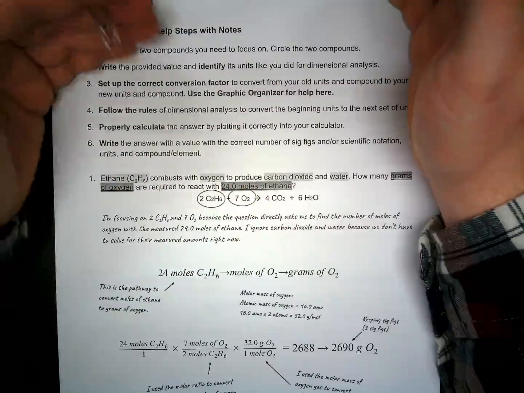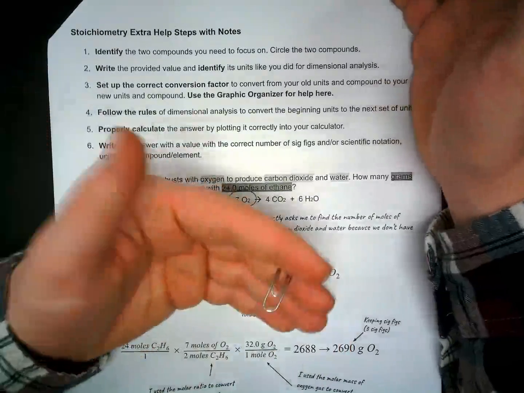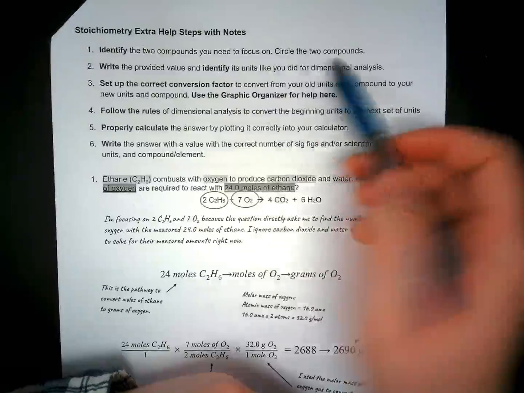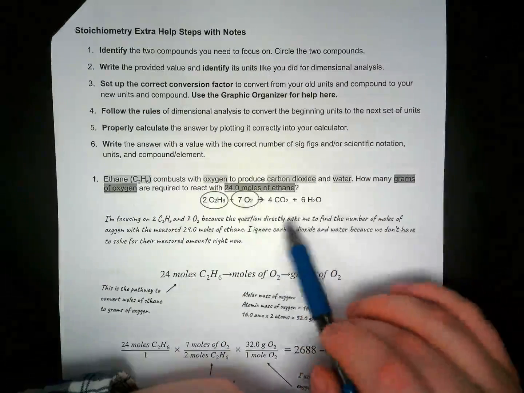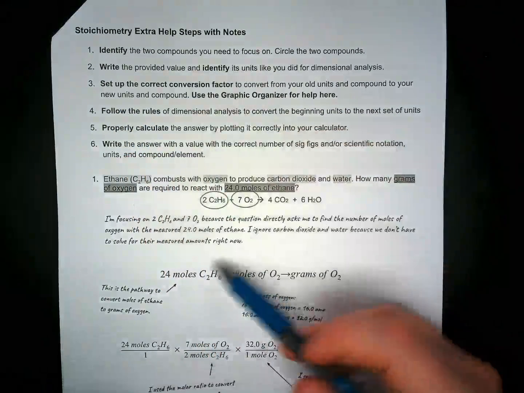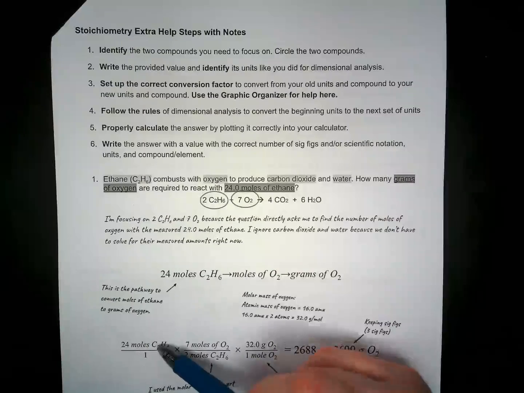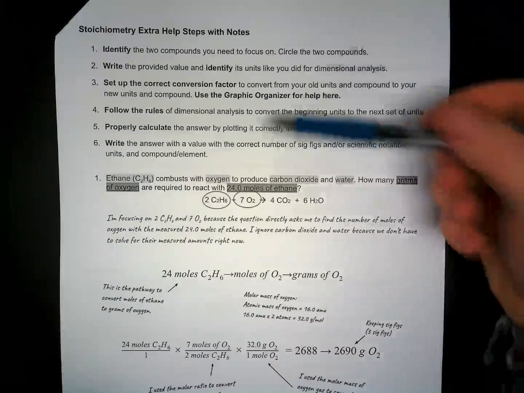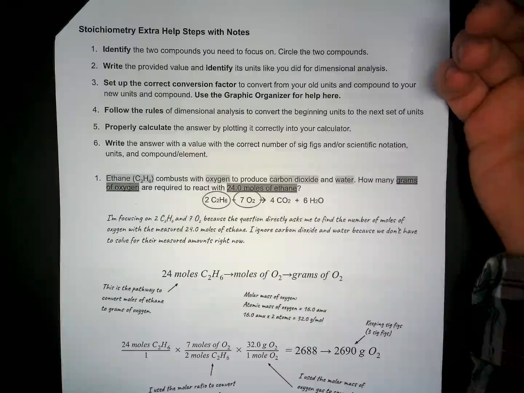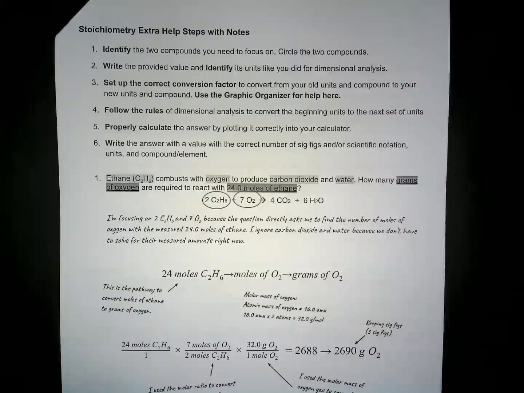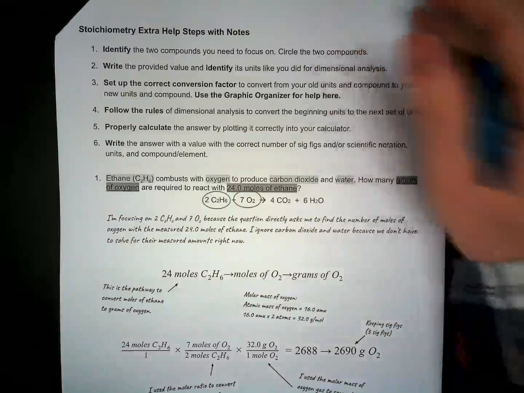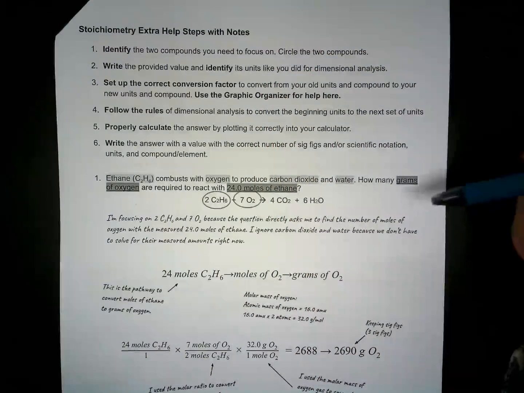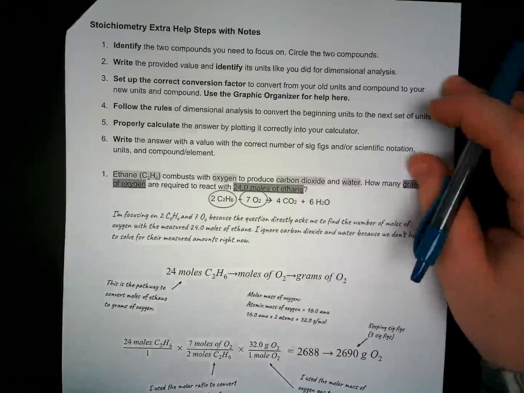I give some kind of crude steps on pretty much what we just did. Identify the two compounds you need to focus on. You can circle them in your chemical equation. Write down the provided values. So it'd be like writing down this guy, and then just walk through. It's basically just walking through the steps I just did, but it puts it in word form in case it's a couple days after you've watched this video and you're like, man, how do I go from here to here? What do I need to do? Reference this. Maybe this will help you out, okay?